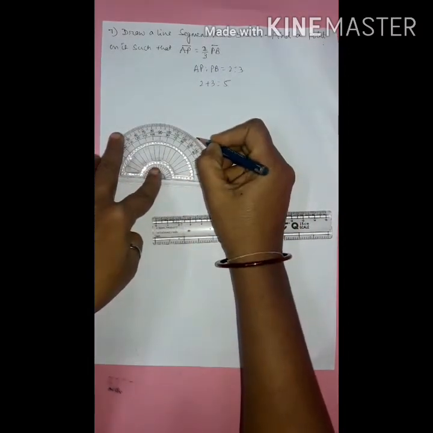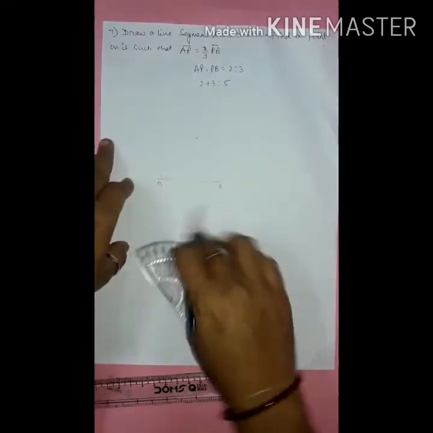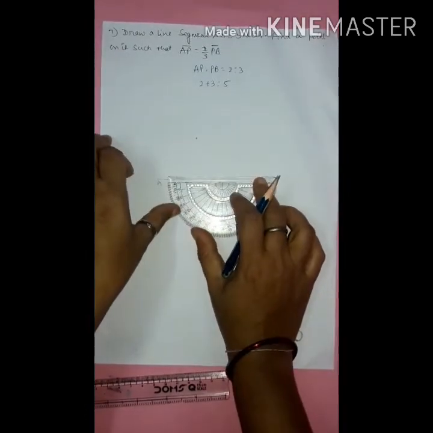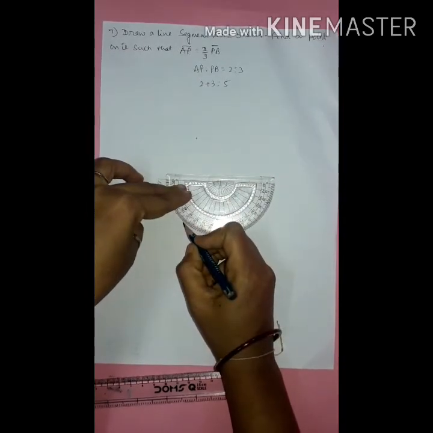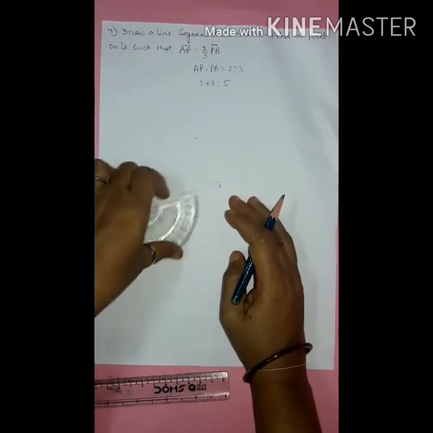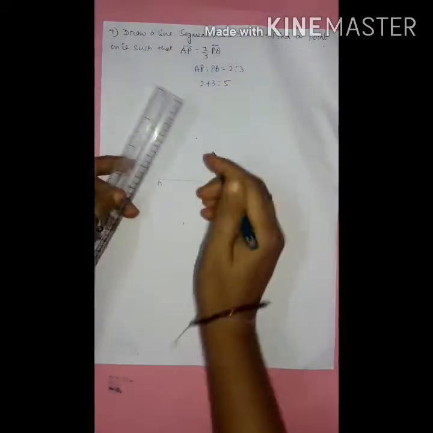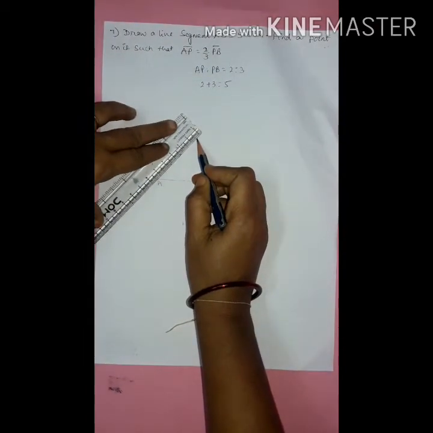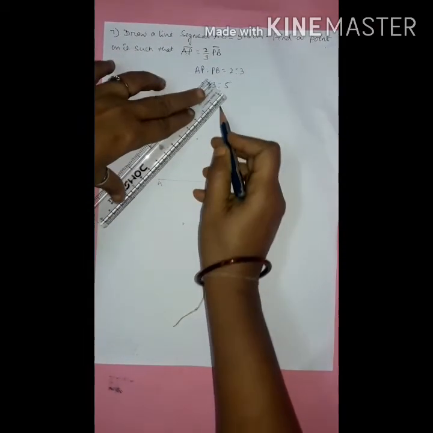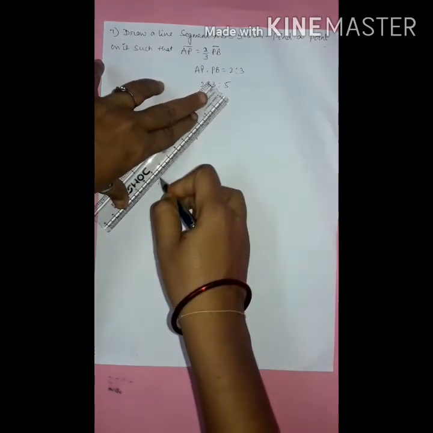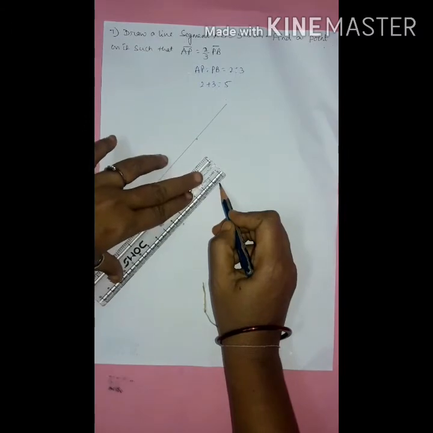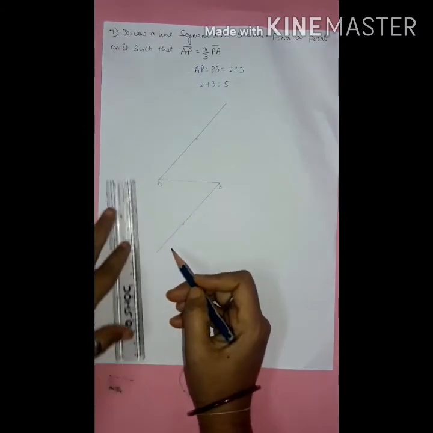Make this 50 degree, and also construct the 50 degree at the other end. Now join here like that. Same angle, 50, the parallel angles.